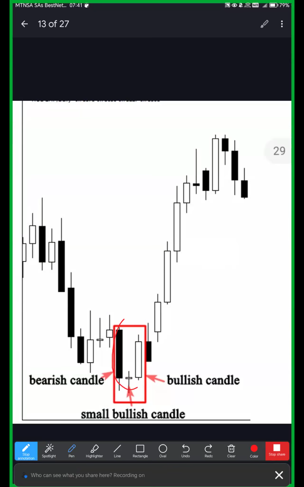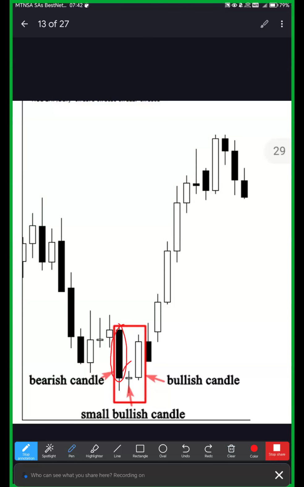Look what happened here. Can you see what happened here? This is a demonstration of a morning star. Market trending downward. It has reached this area called the support region or the support area. Then we can see that while sellers were in control in the previous session, come the next session, there was a power struggle. Sellers could not continue with the same strength they were having in the previous session.